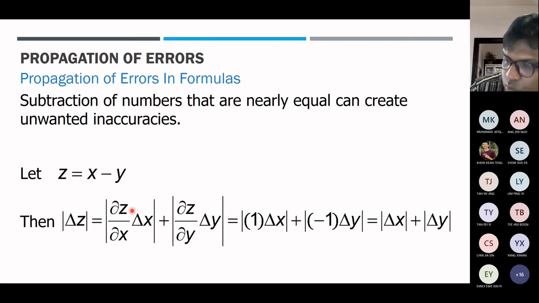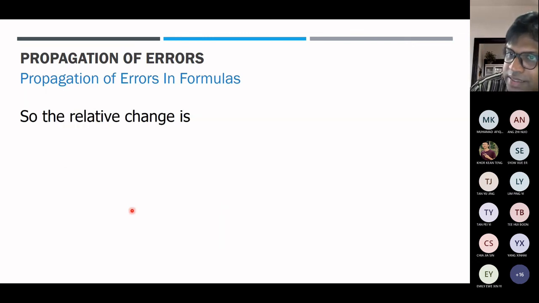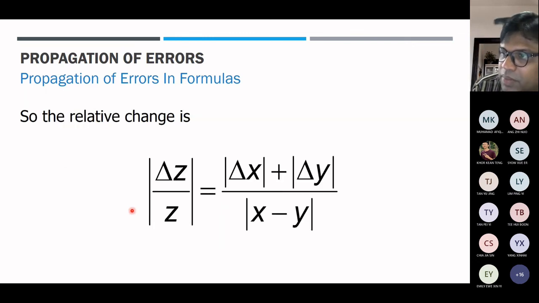So we can see that the relative change becomes delta z over z equals the modulus of delta x plus the modulus of delta y, over x minus y.